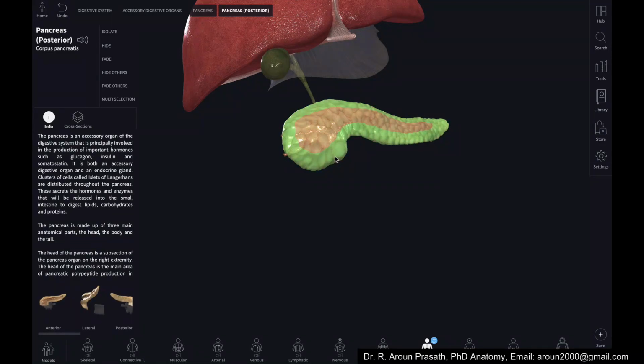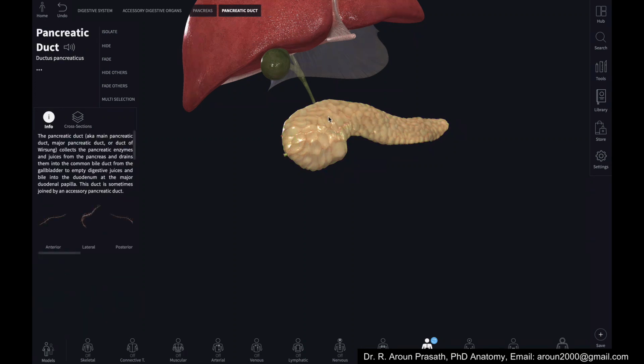Coming to the histological aspect, around 85% of the pancreas cells are made up of pancreatic acinar cells, which secrete pancreatic amylase. That comes to the pancreatic duct and drains into the duodenum. Whereas 15% of the cells are endocrine cells.